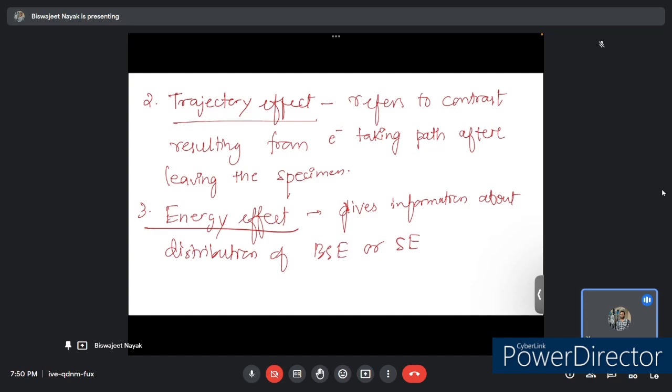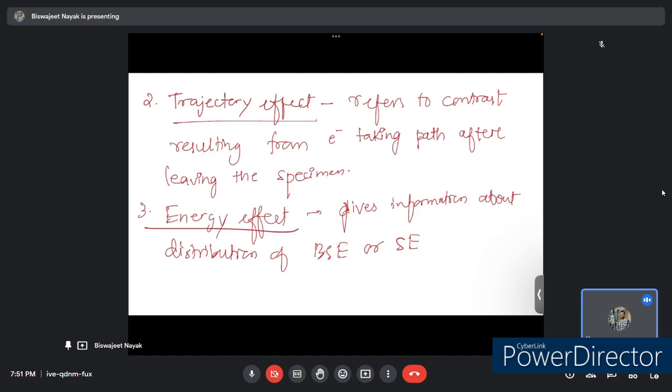So for example, the high energy backscattered electrons are helpful in imaging specimens, as we have seen, with different atomic numbers, they scatter differently and have different notions in backscattered electrons, and that's why they also give crystallographic contrast too.